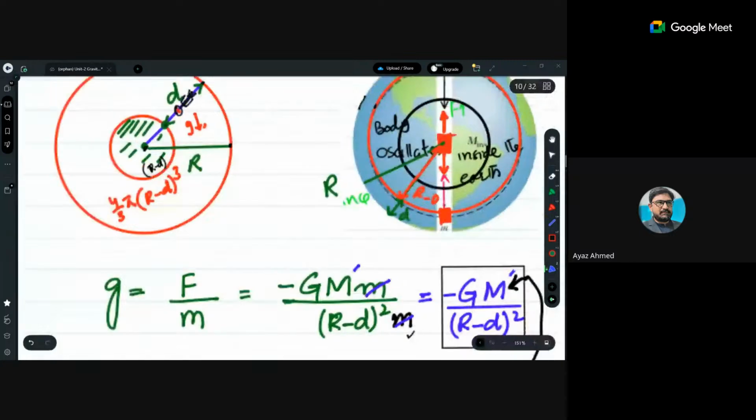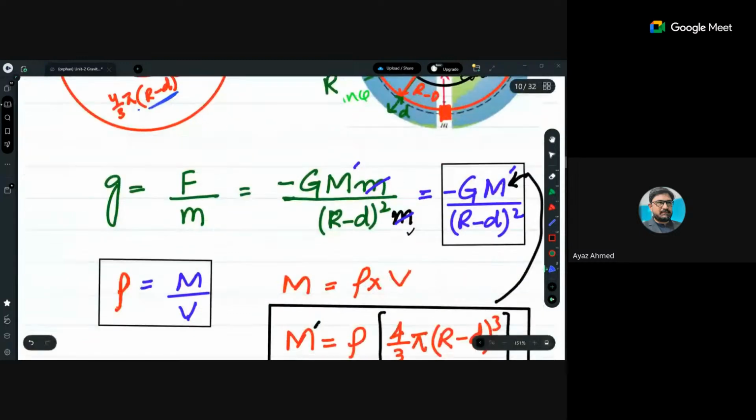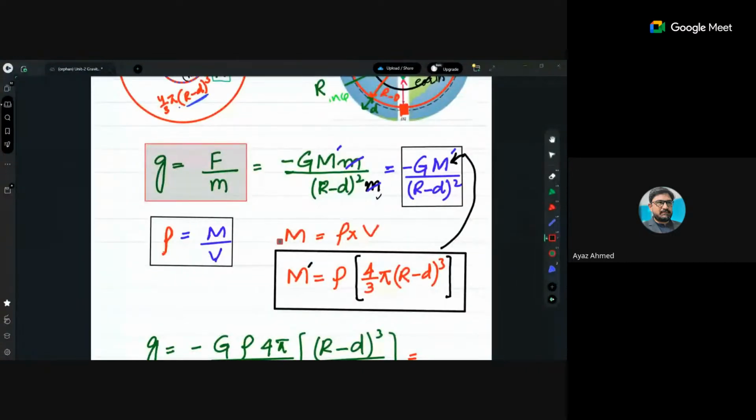The new volume of the earth is 4 by 3 pi times r cubed. Just plug all this into the formula, that g is equal to F by m. Here there is an interesting thing: the force is GMm divided by r minus d whole square.